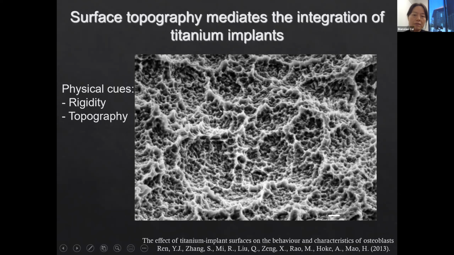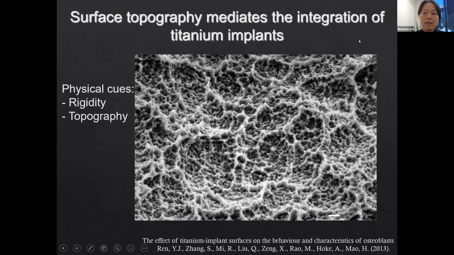Different companies that make these implants have a variety of techniques. Some use sanding, as simple as sanding. Some bombard the surface with high energy particles to create the rough surface.